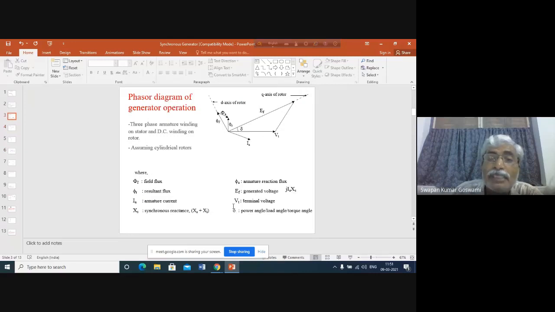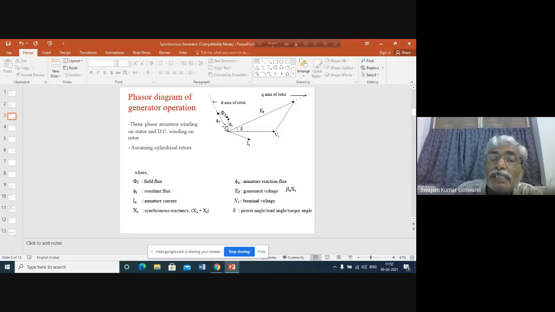You see that this is changing because of the change in EF. Delta is also the angle between EF and VT. That means EF is due to phi F and VT is due to phi R.